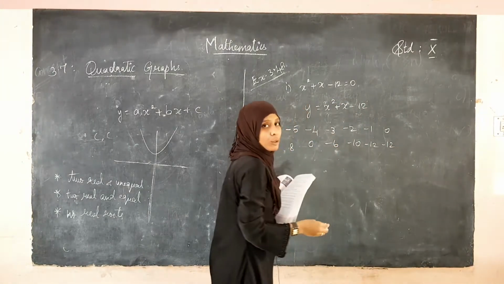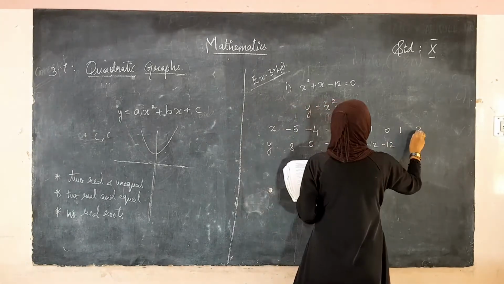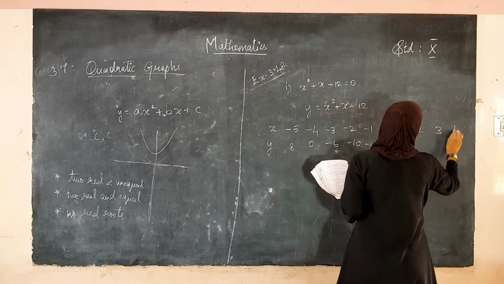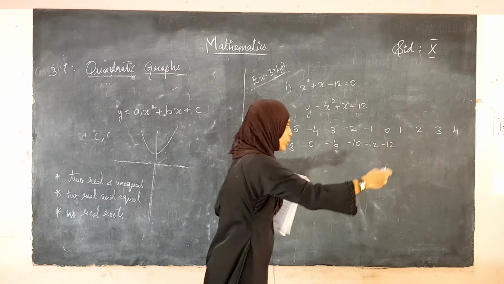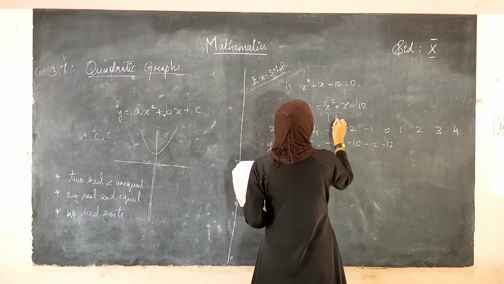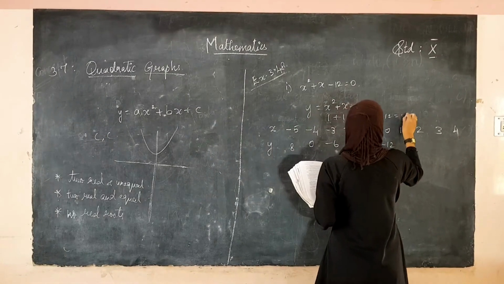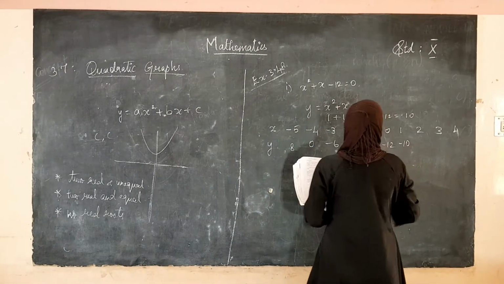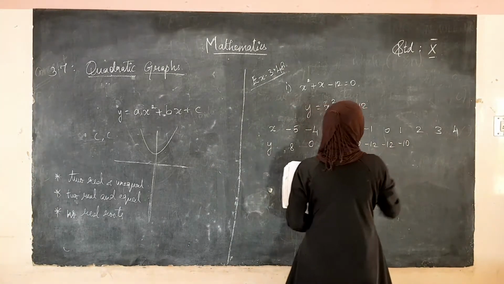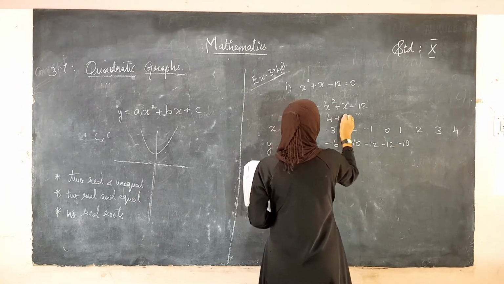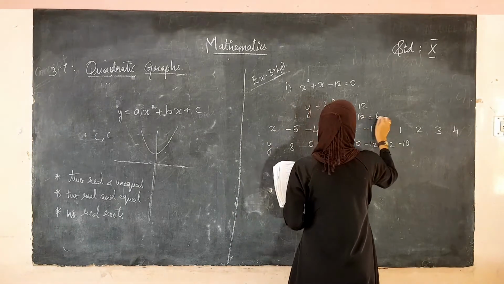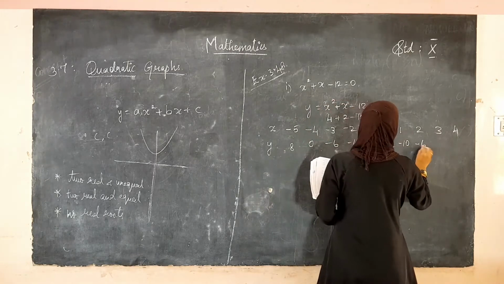Okay. And again we have to do for 1, 2, 3, 4. If you want, you can do for 5 also. See here, 1 means 1 plus 1 minus 12. Okay. 2 minus 12 is minus 10. Then for 2, 4 plus 2 minus 12, which is equal to 6 minus 12, which is minus 6.